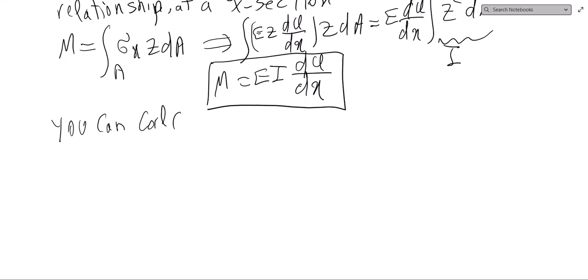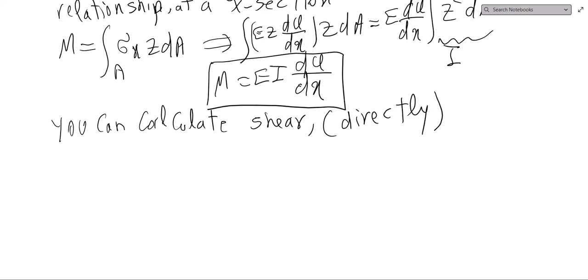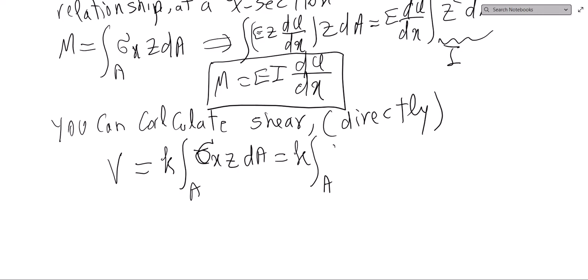calculate the shear directly. By here directly, I mean you don't need to go back to the equilibrium and get it as we had it in the previous one, and that V would be actually K, the correction factor, integral of tau or sigma xz dA over A. This is actually integral K integral of G gamma dA.